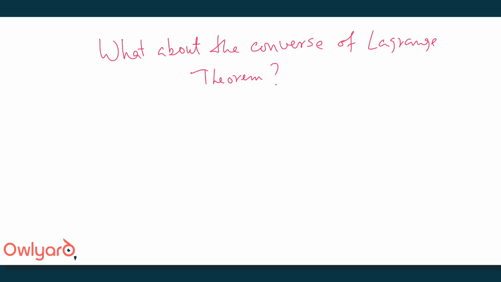Well, Lagrange theorem essentially says that if H is a subgroup of G, then the order of H divides the order of G. It doesn't say anything about the converse. But we can actually show, just by generating a counterexample, that the converse is not in general true.